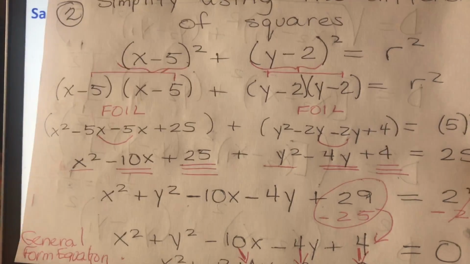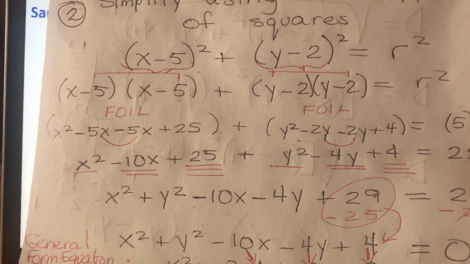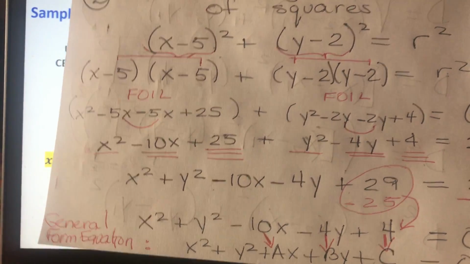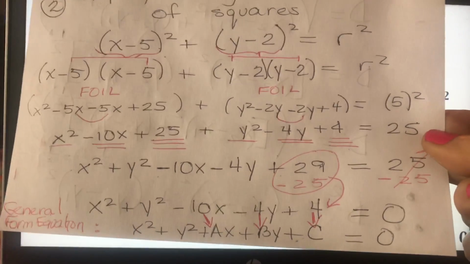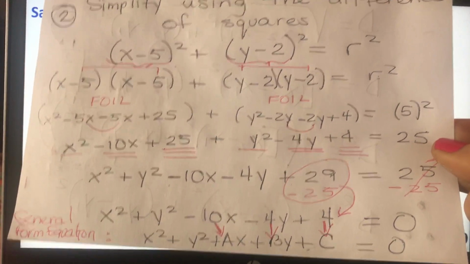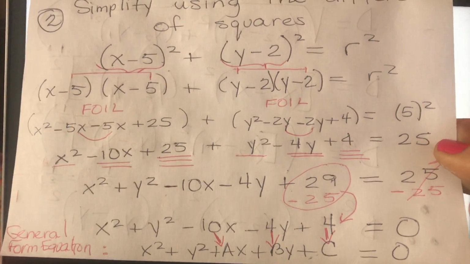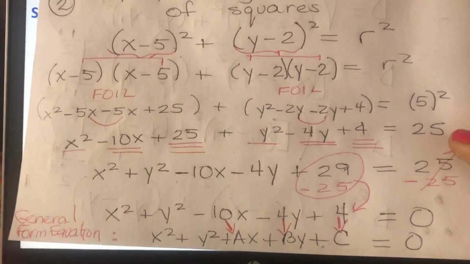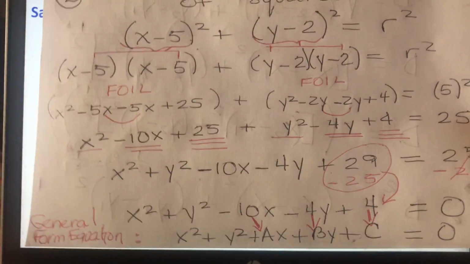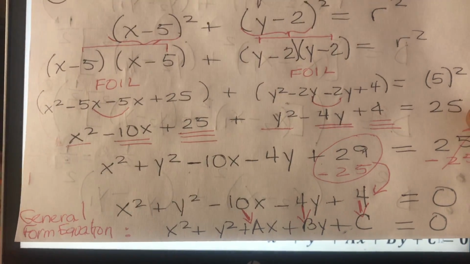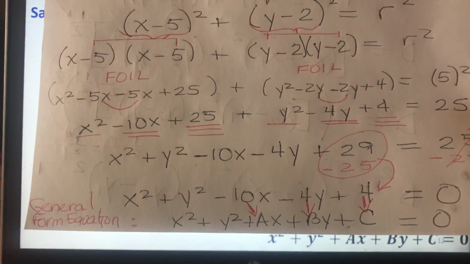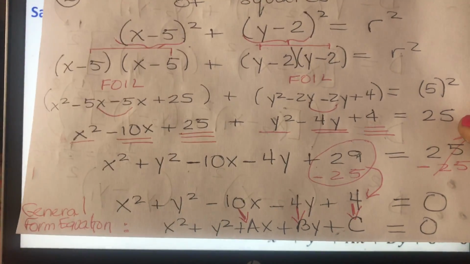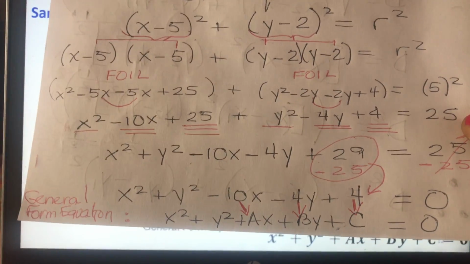And now our equation is in the form x² + y² + ax + by + c = 25. So now we have to take that 25, which is on our right side, and subtract 25 on both sides in order for this equation to be equal to 0. And finally, the general form of the equation is x² + y² - 10x - 4y + 4 = 0.